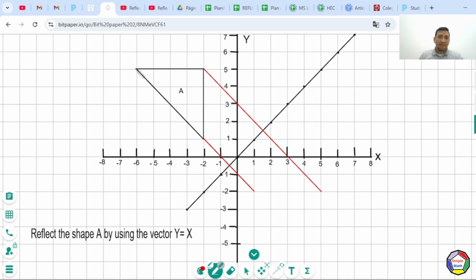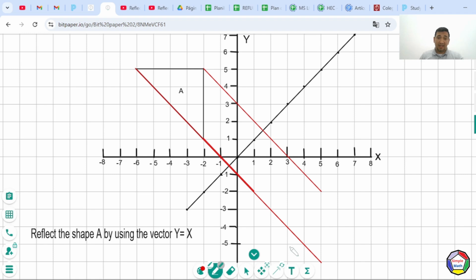And then let's do the same thing with this one. How many diagonals are between this one and the mirror? 1, 2, 3, 4, 5, 5.5 diagonals. So 0.5, 1, 2, 3, 4, and 5.